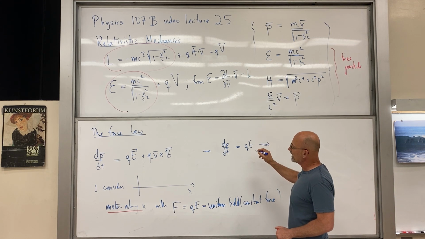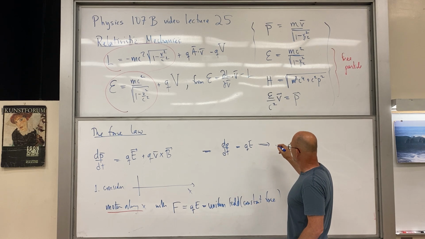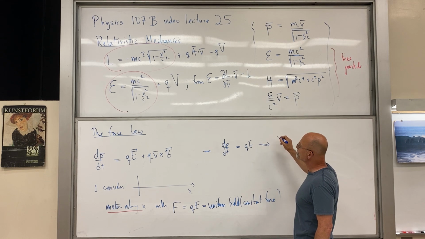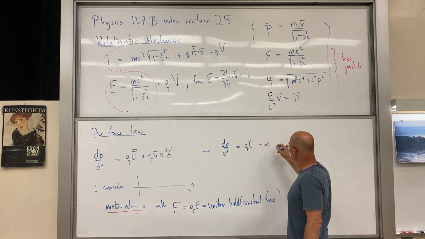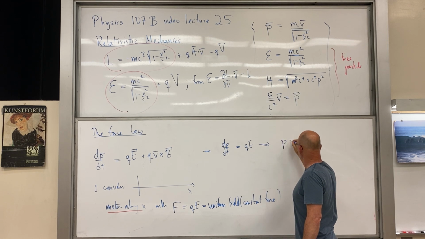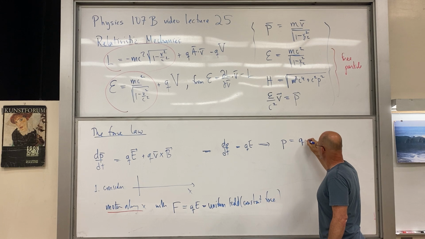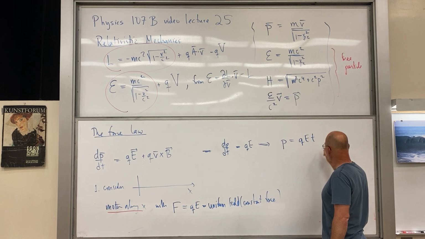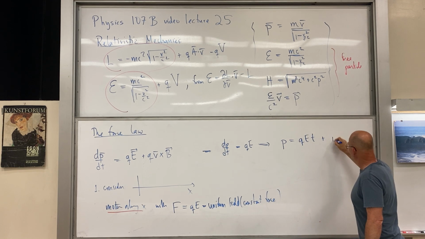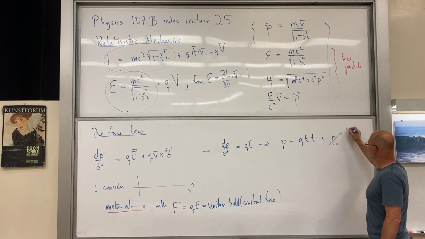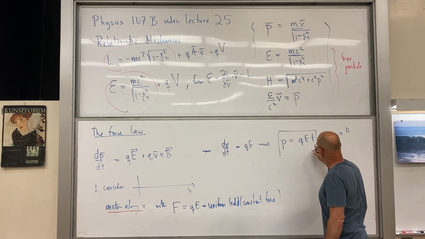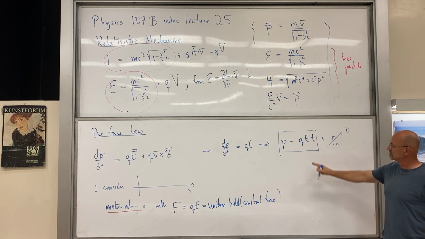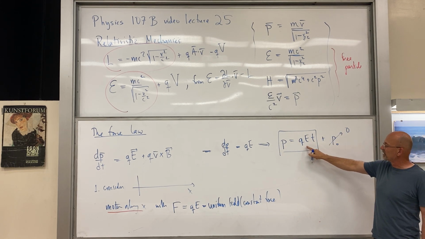So what we're going to be integrating is, since this is constant, p is equal to qEt plus p0. Here we're going to strike that and just have, there we go, we've integrated the differential equation.